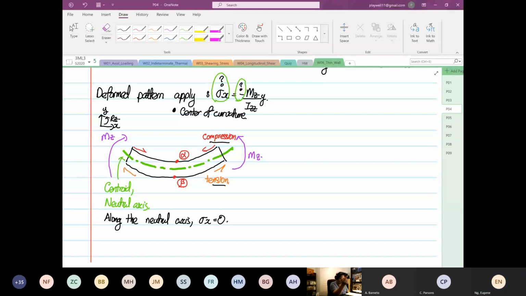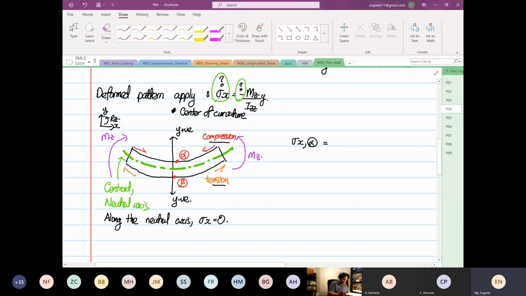Now, relative to the center of curvature, when it's from the neutral axis pointing towards the center of curvature, y is positive. Okay, away from the center of curvature, y is what? Negative. So that is why when you calculate stress x at point alpha, our moment is still minus Mz.